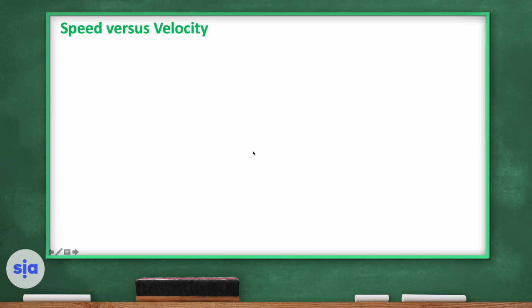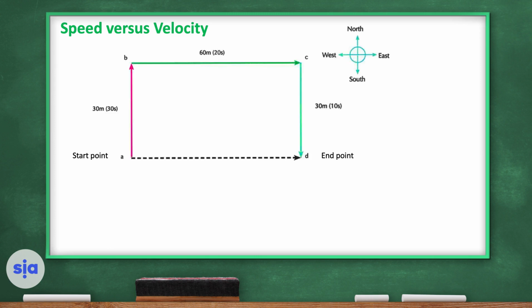Here we go. Now, as we discussed before the difference between the scalar and vector quantities, now we will discuss the difference between the speed and the velocity.